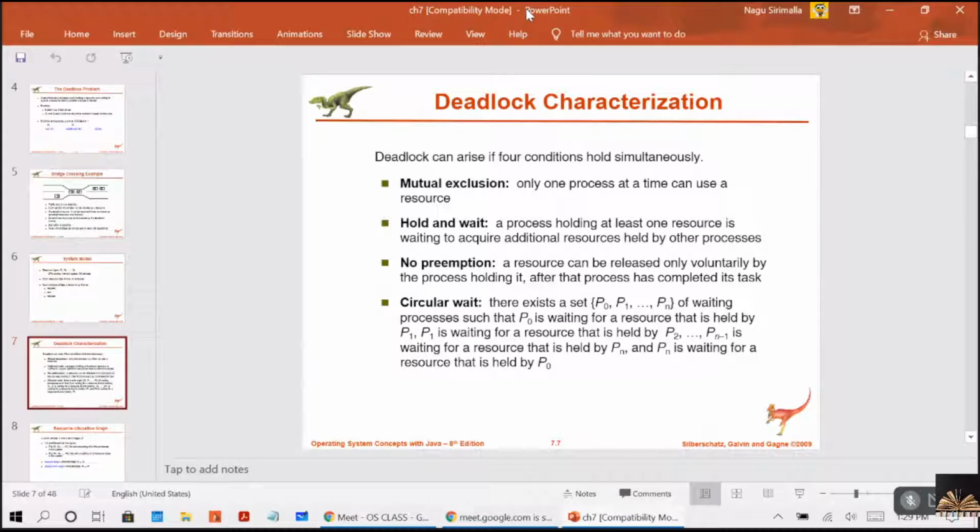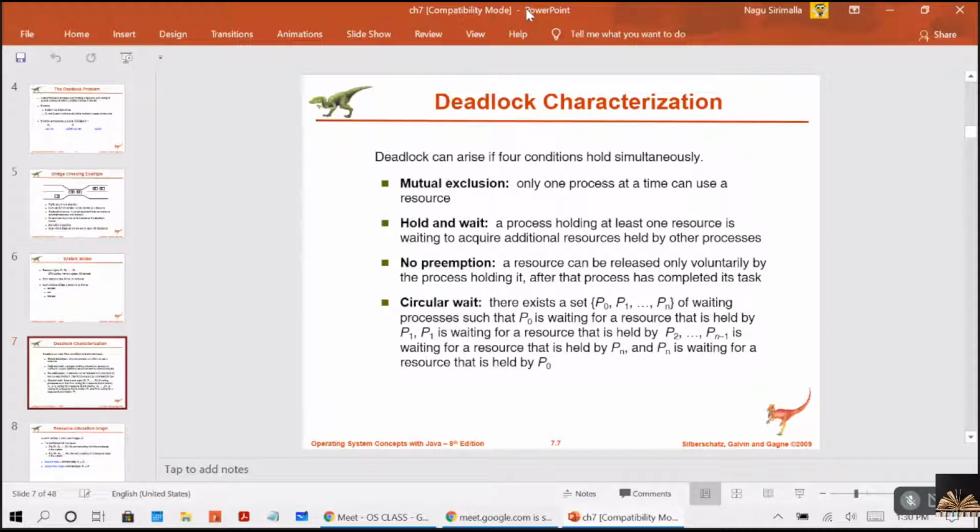The last one is circular wait. Circular wait is nothing but I have a set of processes P0, P1, P2 up to Pn, right? And here the waiting of the processes should be like P0 is waiting for a resource held by P1 and P1 is waiting for a resource held by P2.